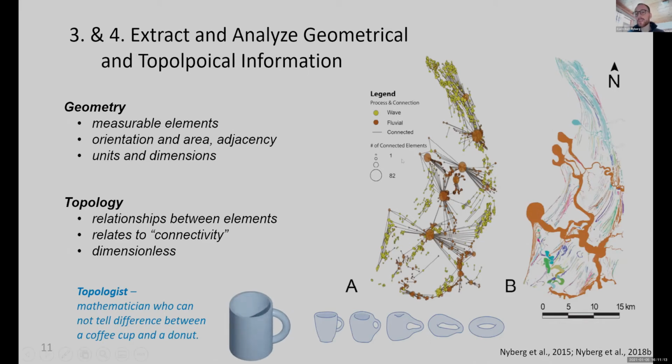So that's what this diagram here shows, just a number of connecting elements between either fluvial depositional environment or architecture elements or wave influenced architecture elements.